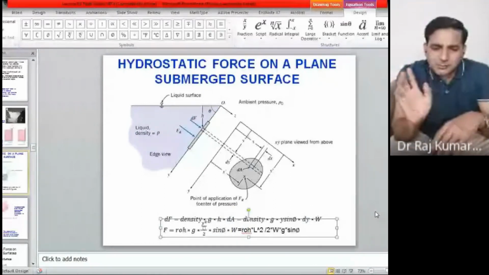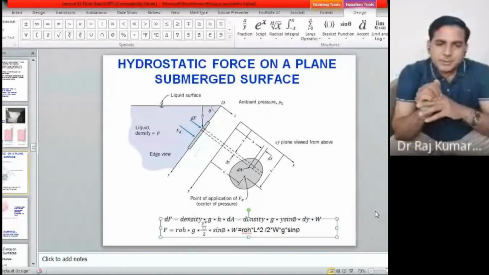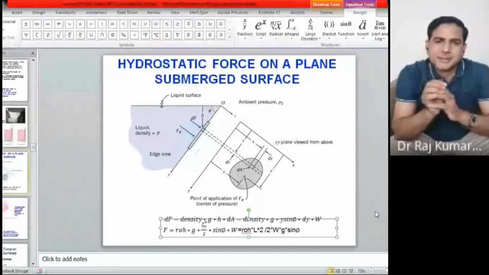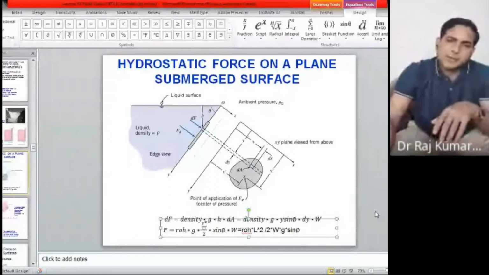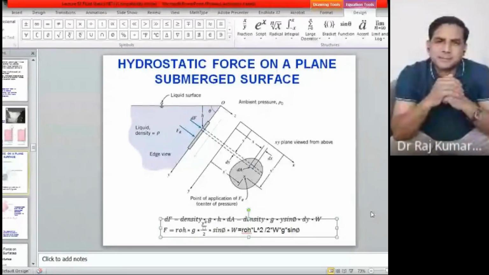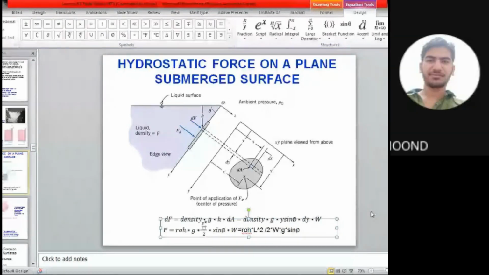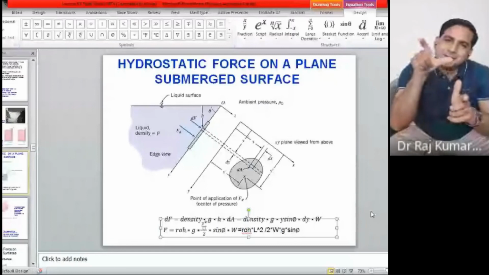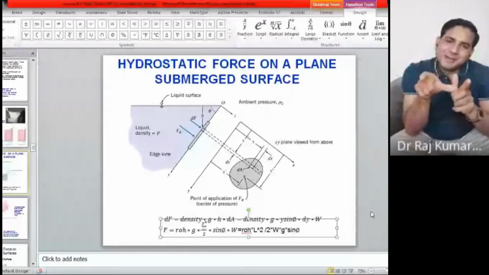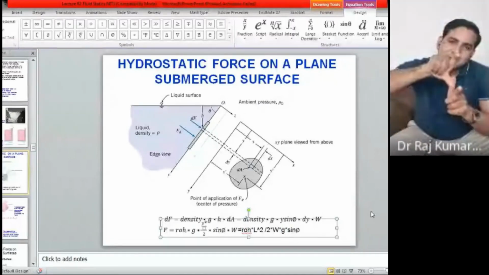Now give one more minute here. Now we want to convert this. Let's say this much is L here completely. What is L sin theta? L sin theta is this vertical h, right?